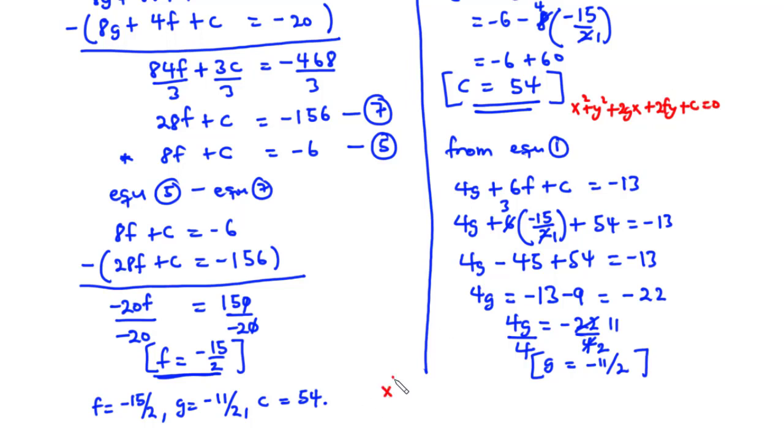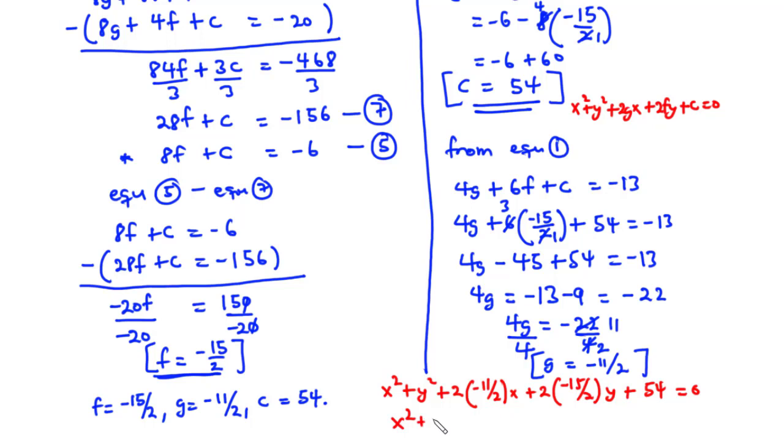So we have x squared plus y squared plus 2 times g, g is negative 11 over 2, x plus 2f, f is negative 15 over 2, y plus c, which is 54, equals 0.